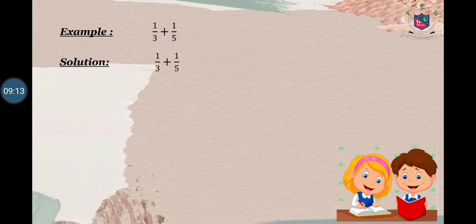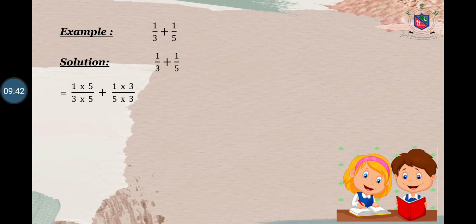My dear students, you can solve one more example, and you can change the denominators because we need to make the same denominator; the example we have in front of us is unlike fractions. As you know, in previous classes we discussed many methods to make the denominator the same.